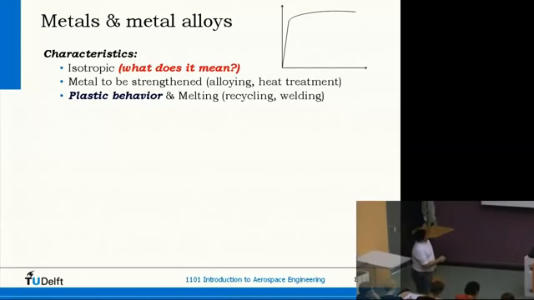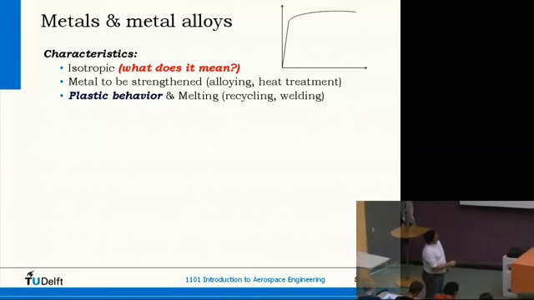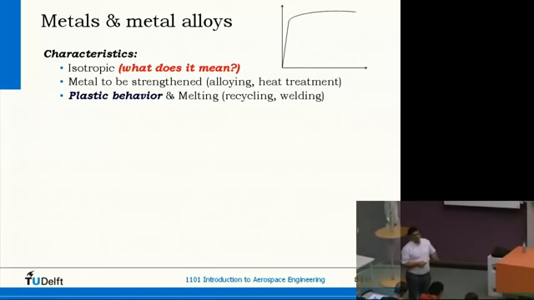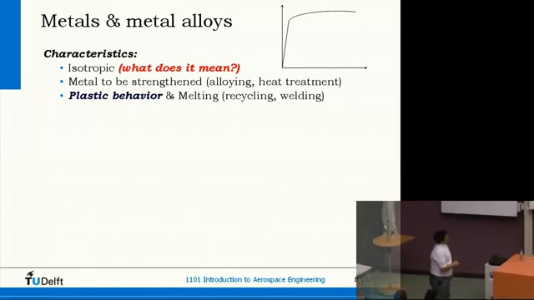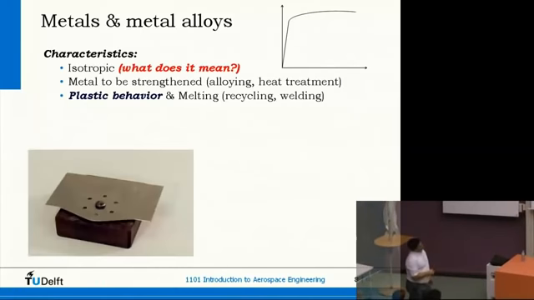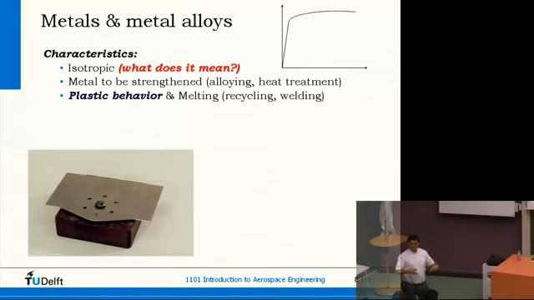Okay, most materials are indeed isotropic. The strength we obtain usually by alloying and heat treatments, putting in materials and doing some heat treatments, that will be told later. Most metals also do show plastic behavior, and plastic behavior has a very beneficial advantage because we can shape a product from a flat sheet.